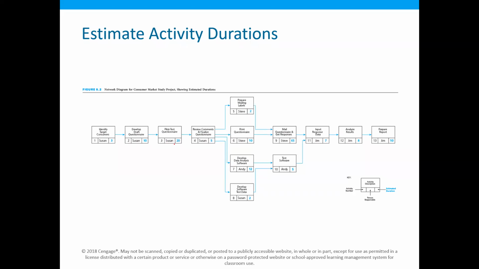Okay, so the duration of the activity must be estimated, and this is in fact one of the most critical tasks in project scheduling. The task of calculating when the activity will start and when the activity will finish depends on how we estimate the duration of the activities.